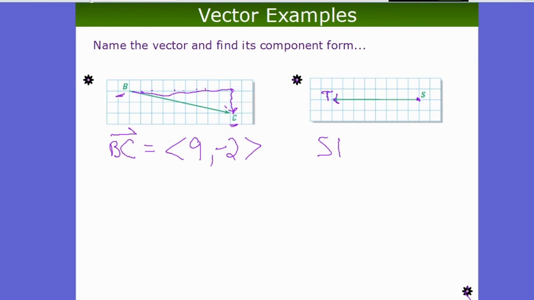Then you move towards T. So this is vector ST, even though it feels like you're reading it backwards. And in vector form, when you're at S, we actually are going left now. How many? 8. Left 8. So you use a negative sign to say go left. Now, how many up or down am I going? I'm not going up and down at all. I'm staying at that same level. So that would just be a 0.